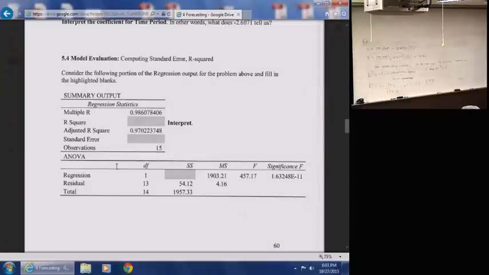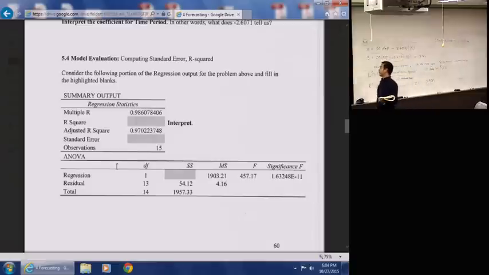And the last part is the standard error. What's the formula for standard error, or SE, it's the same thing? Standard error is the square root of MSE, the mean square error. So what you need to look at is only where the mean square error is.